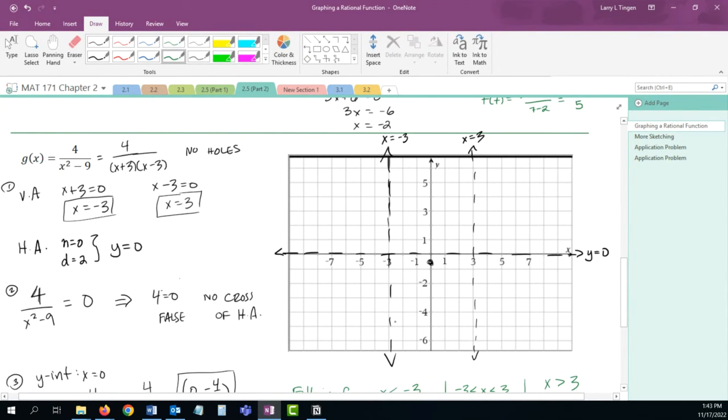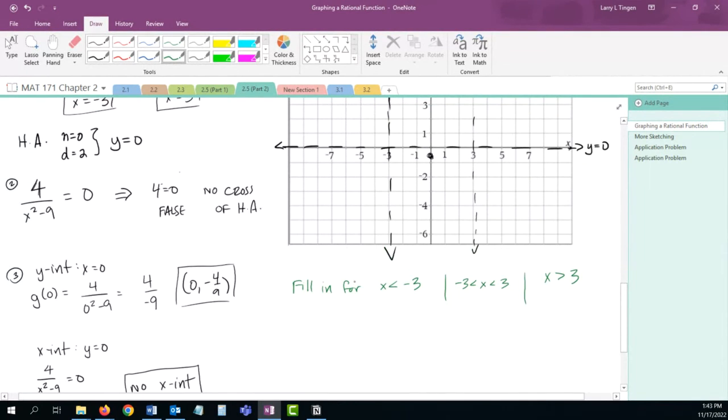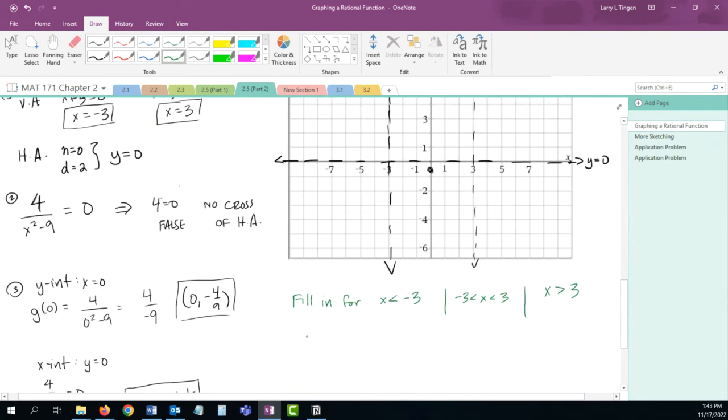Every time you run into one of these things, you're either diving toward positive or negative, just depending on where you are. So instead of picking the number right beside my vertical asymptote, I'm going to try out, what was my letter for this? G. Let's try out negative 5. Exactly, Andrew. Yes, it gets really steep because I never touch that asymptote. I want to, okay? The function is dying to touch the asymptote. It just can't.